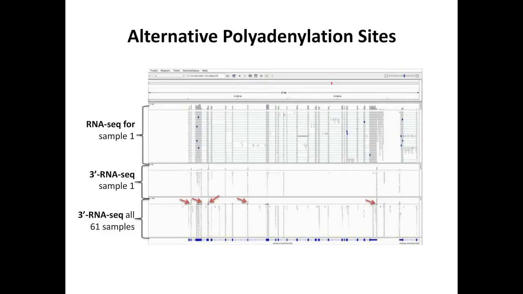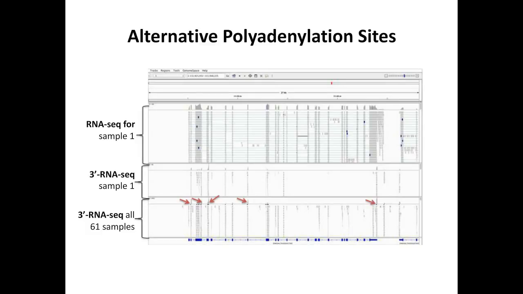And this is also interesting: you can see how many alternative sites for polyadenylation exist in the transcript. We are looking at 3' RNA-seq in 61 samples pooled together, and also 3' RNA-seq, but this time looking at one single sample. And here we have RNA-seq data.